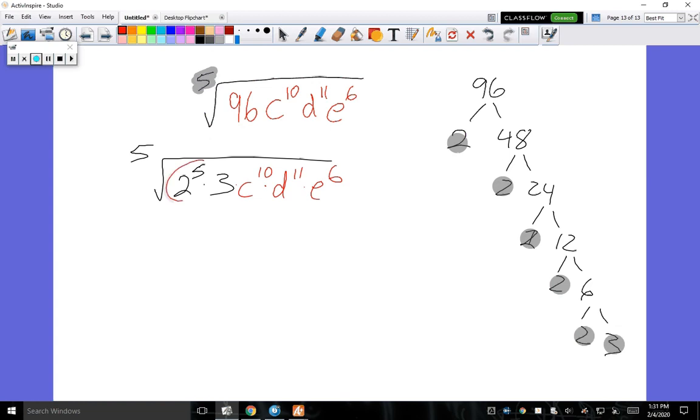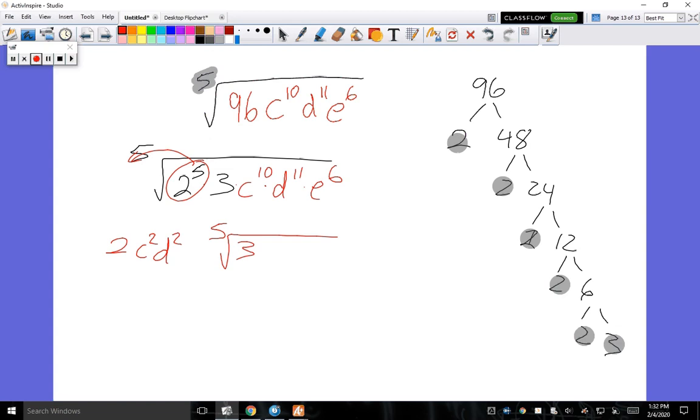Instead of writing them all out, you could have seen right here, this is going to come out as a what? 2. Just a 2 all by itself. Does the 3 come out? No, that stays in. Do the C's come out? Yes. How many? 2. Do the D's come out? How many? 2.